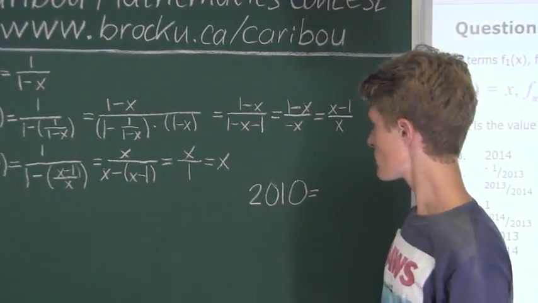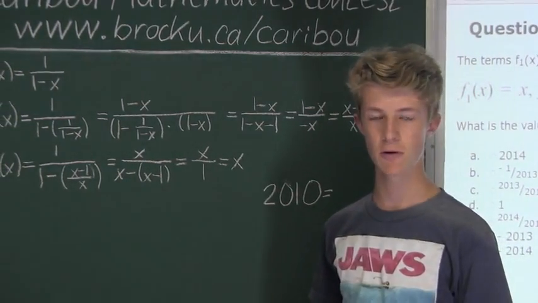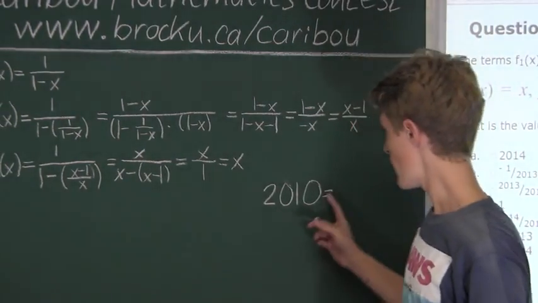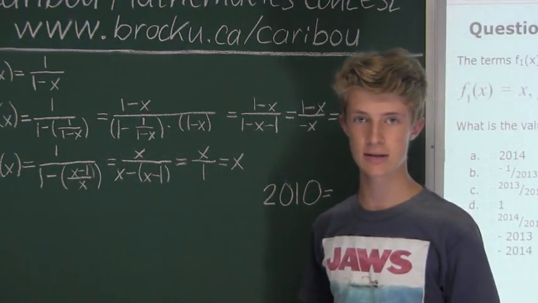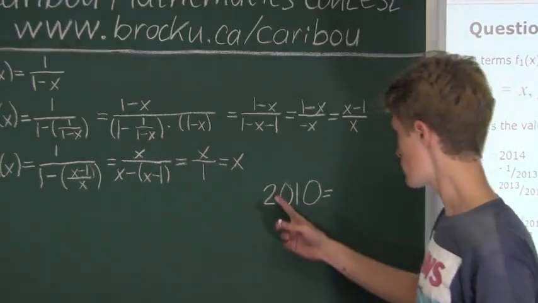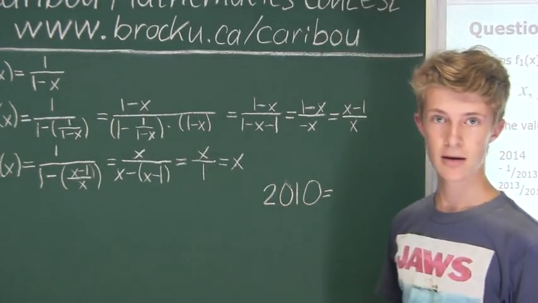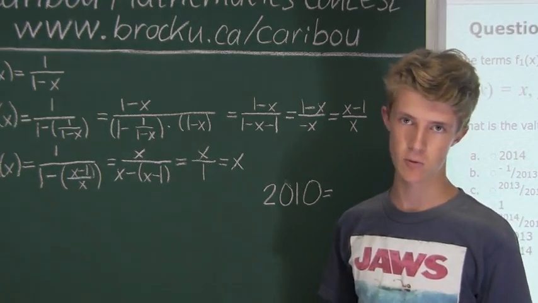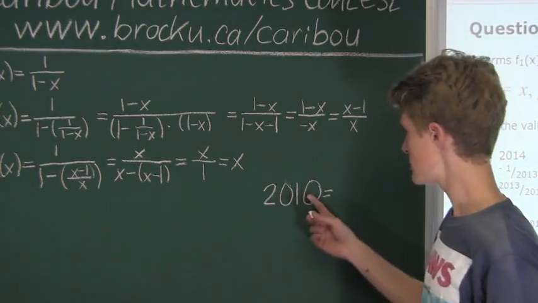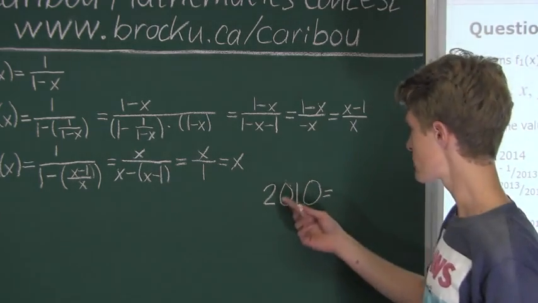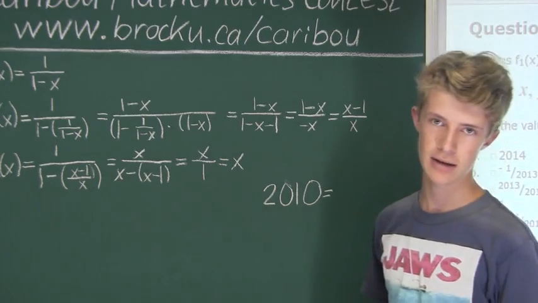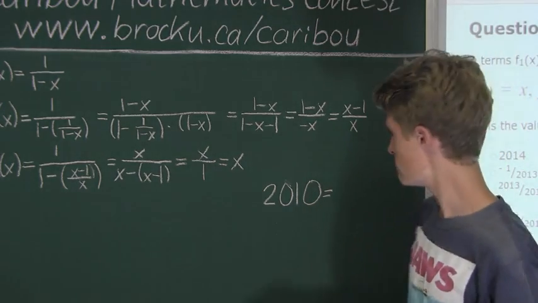An easy trick to see if a number is a multiple of 3 is to add the digits and see if that sum of the digits is divisible by 3. So 2 plus 1 is 3, and 3 divided by 3 is 1. So we know that 2010 is a multiple of 3. And also we know because 2010 is equal to 3 times 670.